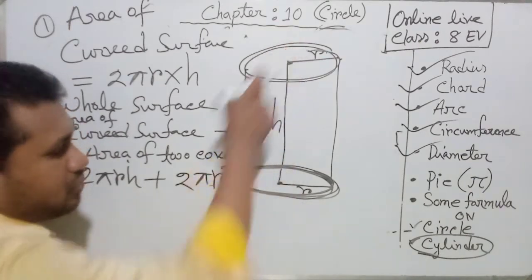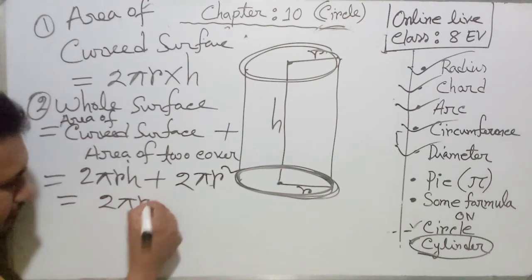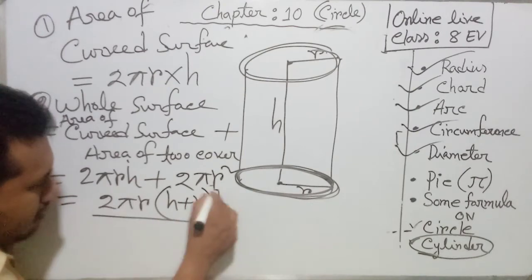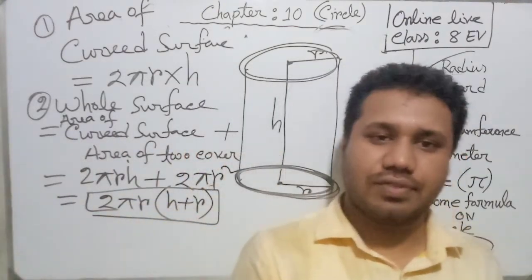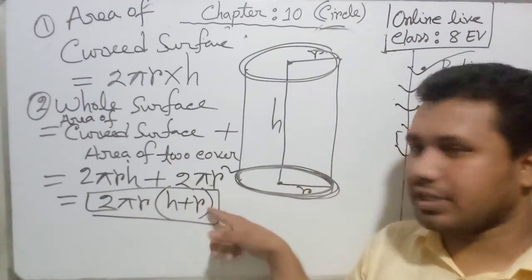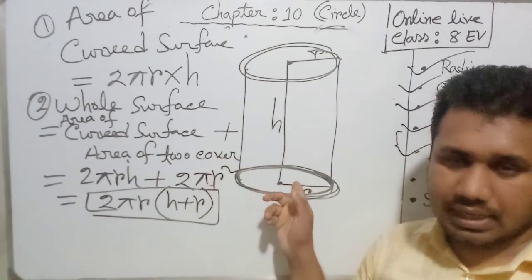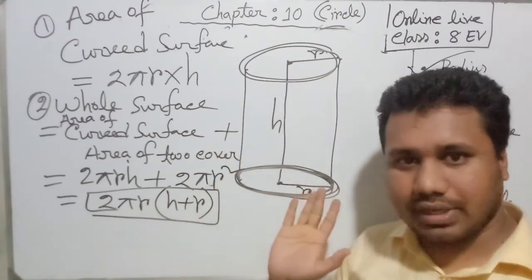Now if we take 2 pi r as common, we can write h plus r. So the area of the whole surface of a cylinder is 2 pi r into h plus r, that is the curved surface and the two covers.